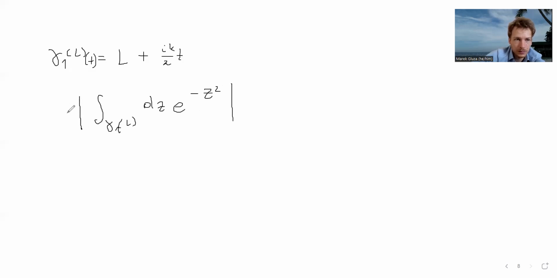The absolute value is larger or equal to 0. It's also smaller or equal, by the triangle inequality, to the integral over gamma 1 of L of the modulus of e^(-z^2).